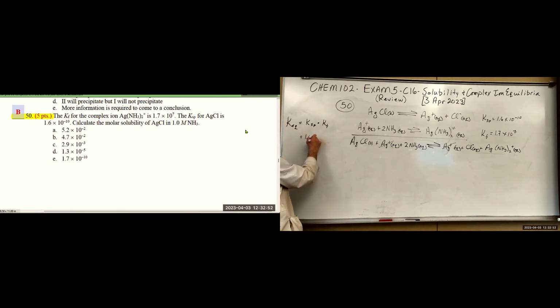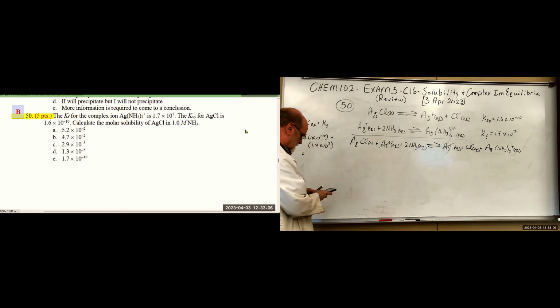So 1.6 times 10 to the minus 10 times 1.7 times 10 to the 7th equals, let me use my calculator for this one. 1.6 exponent minus 10 and 1.7 exponent 7 times, 2.72 times 10 to the minus 3.